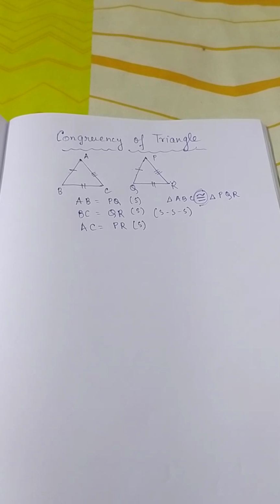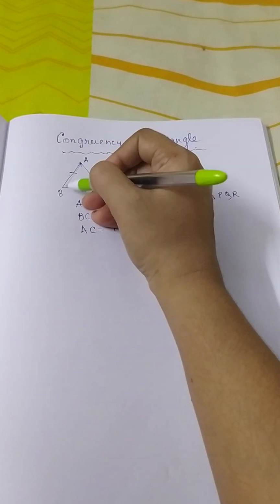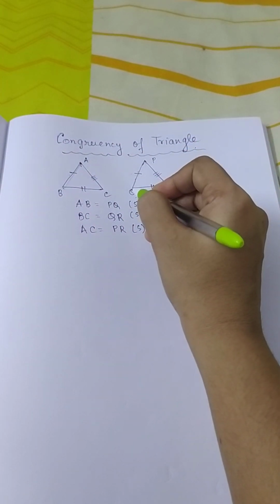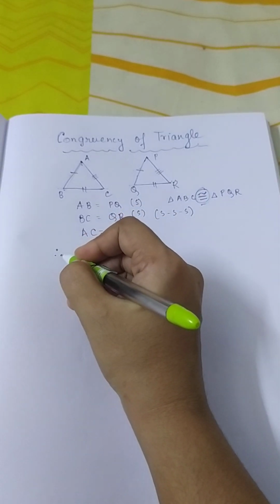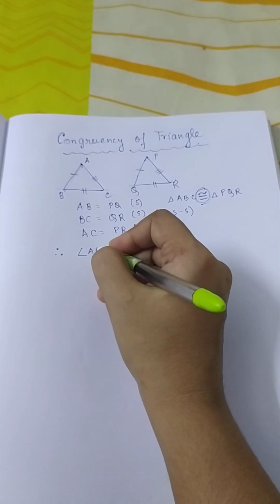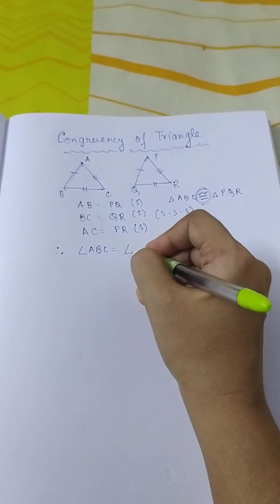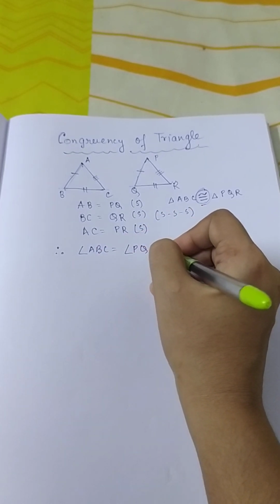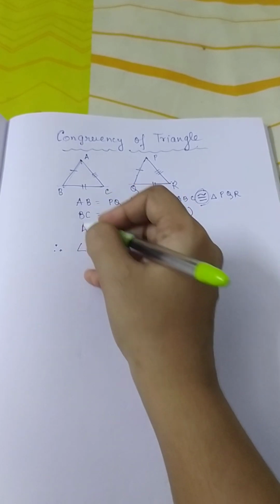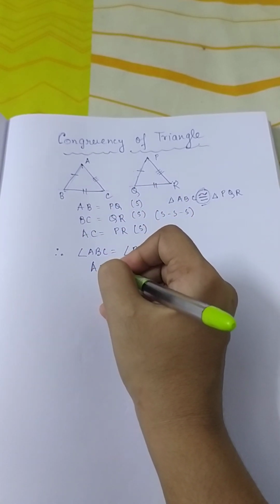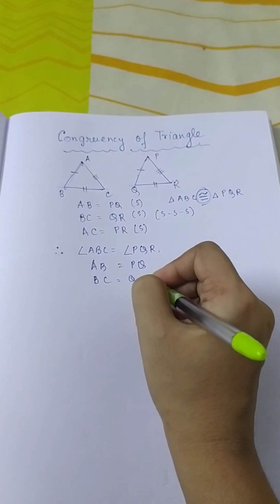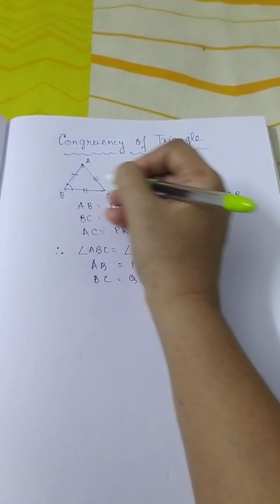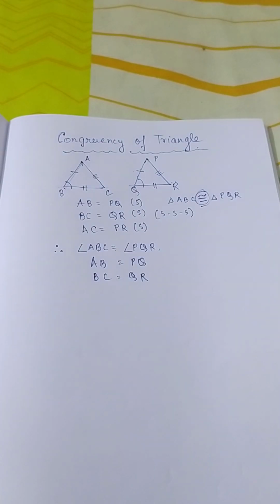Another rule is side, angle, side. Suppose AB is equal to PQ, BC is equal to QR and angle ABC is equal to angle PQR. Then two sides, AB equals PQ, BC equals QR, and also angle ABC, that means this angle is equal to this angle.